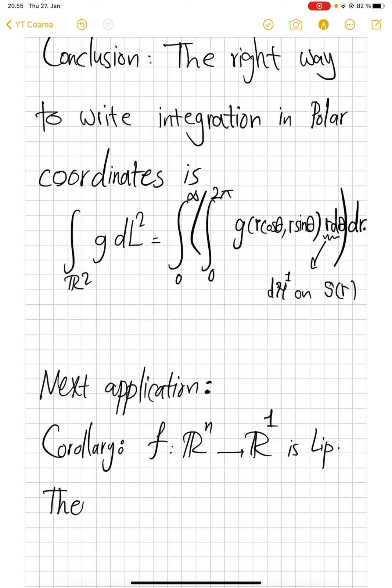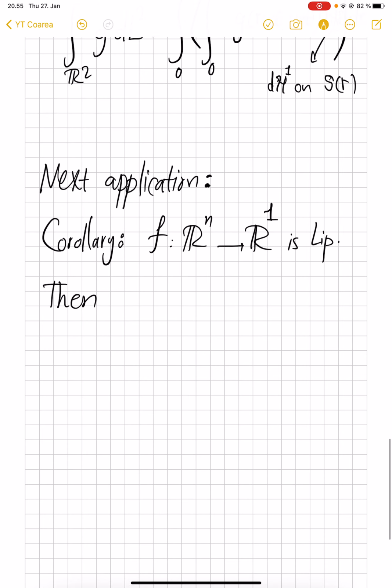Then, as before, for a compactly supported continuous function g, the integral on R^n of g against the Coarea factor.